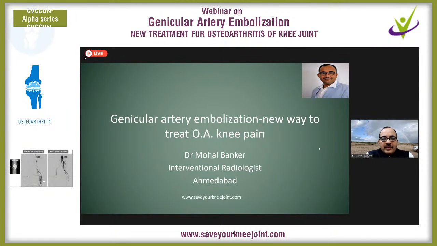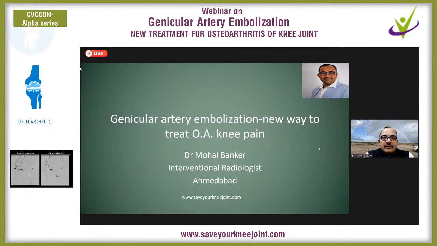Traditionally, we believe that wear and tear leads to osteoarthritis of the knee joint, and that is true. But along with wear and tear, another cause is chronic inflammation. This inflammation goes on continuously within the knee joint and leads to further cartilage damage, and along with that, neoangiogenesis occurs.